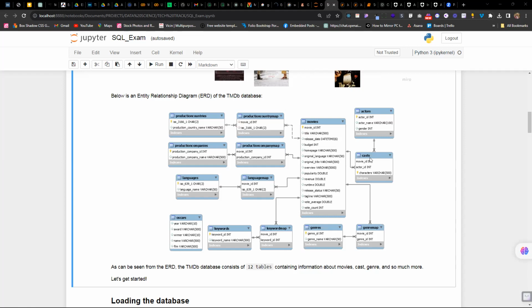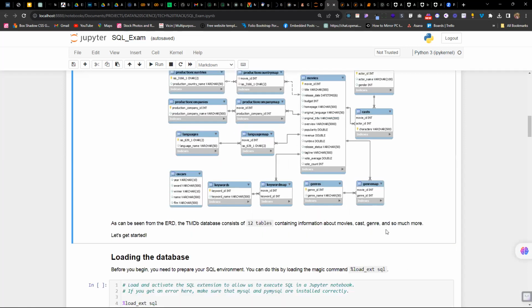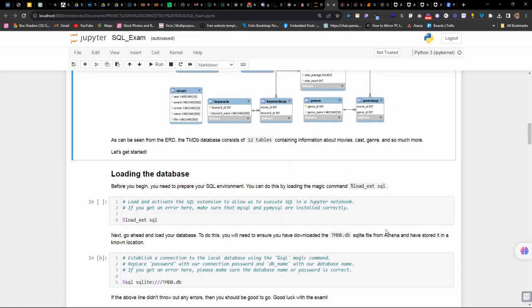We have the cast, we have actions, we have the Oscars, keywords, keyword map, genre, and genre map. So that makes 12 tables that we have in this project.